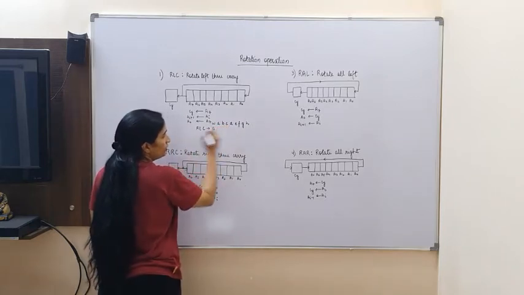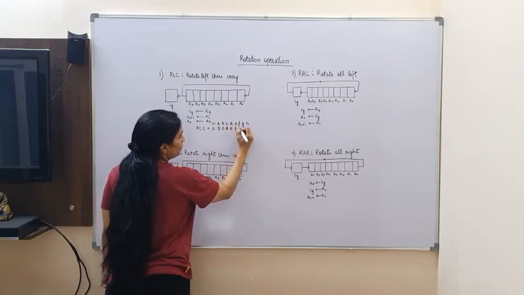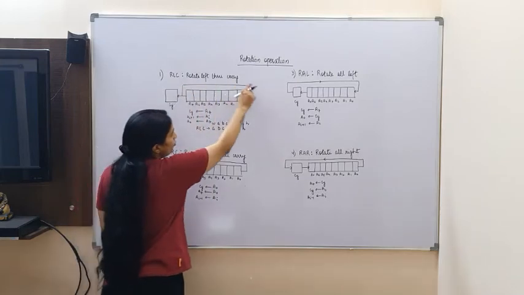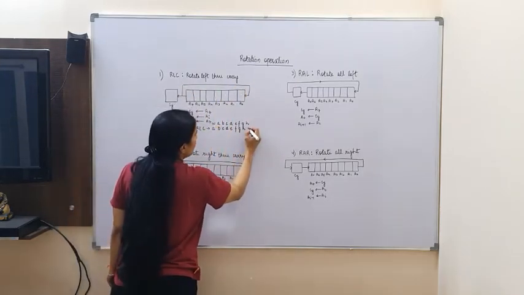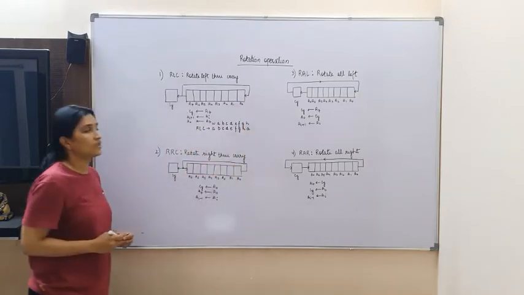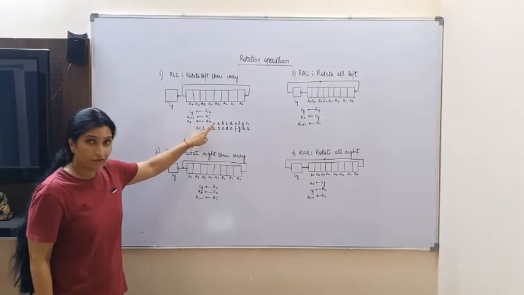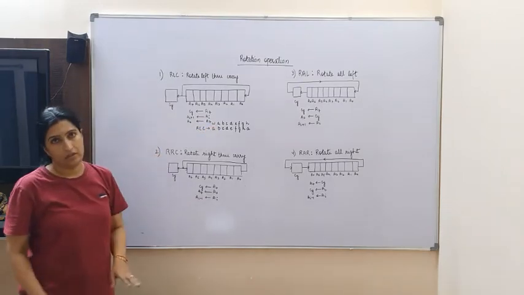So A will come to carry, B will move here, C here, D here, E here, F here, G here, H here, and A, which was on A7, will also move on to A0. So this is how this instruction is executed. The value of carry will be overwritten by A7.